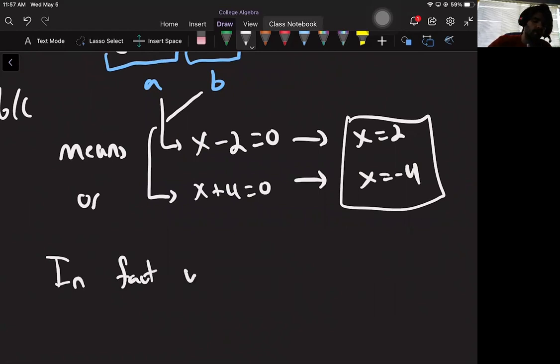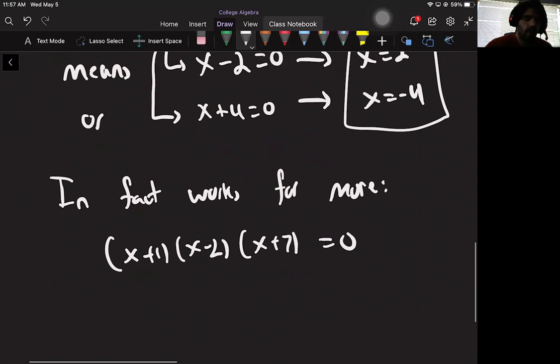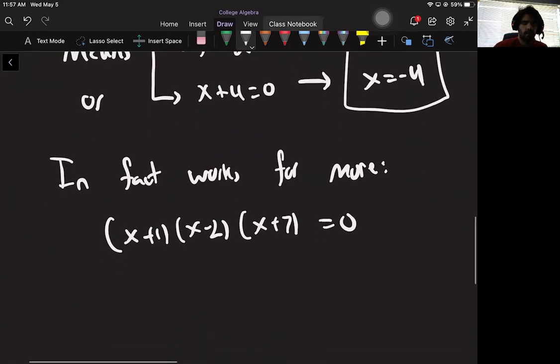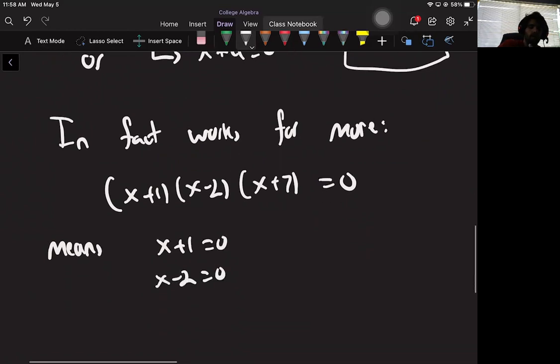In fact, it works for more multiplications. So for example, if I had like x plus 1, x minus 2, x plus 7 equals 0, I would be able to say that each individual factor equals 0. And then I would have 3 values of x.